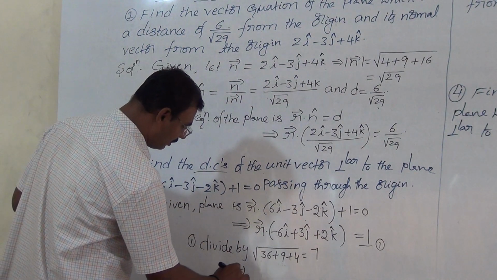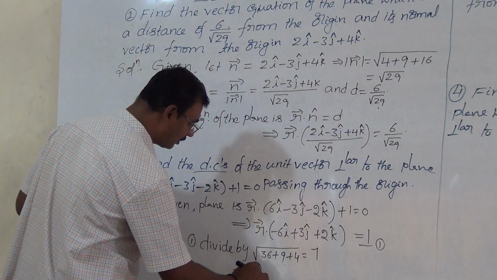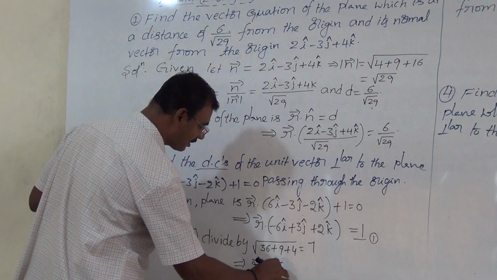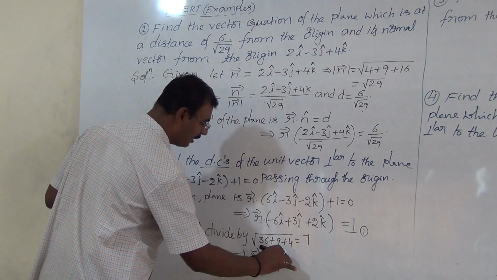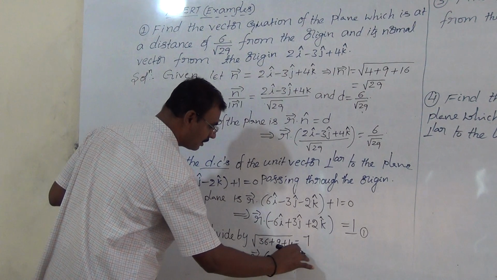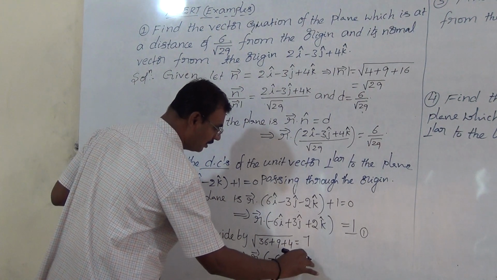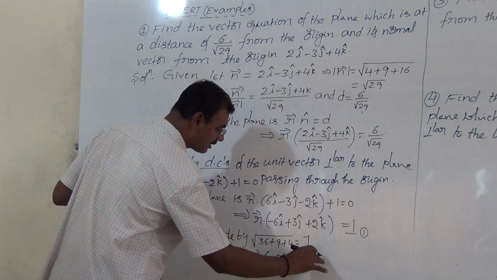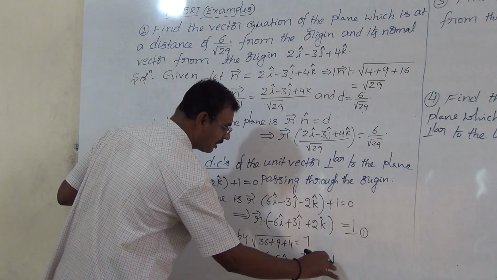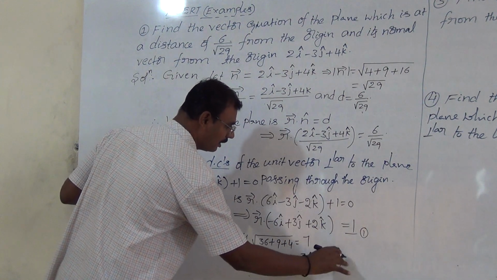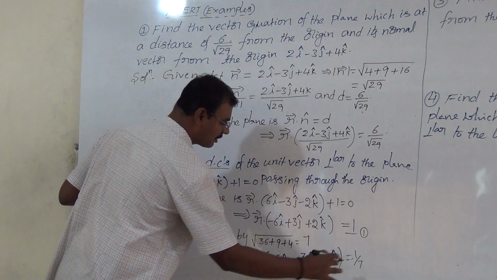Now this becomes r bar dot minus 6 by 7 into i plus 3 divided by 7 into j plus 2 divided by 7 into k is equal to 1 upon 7.